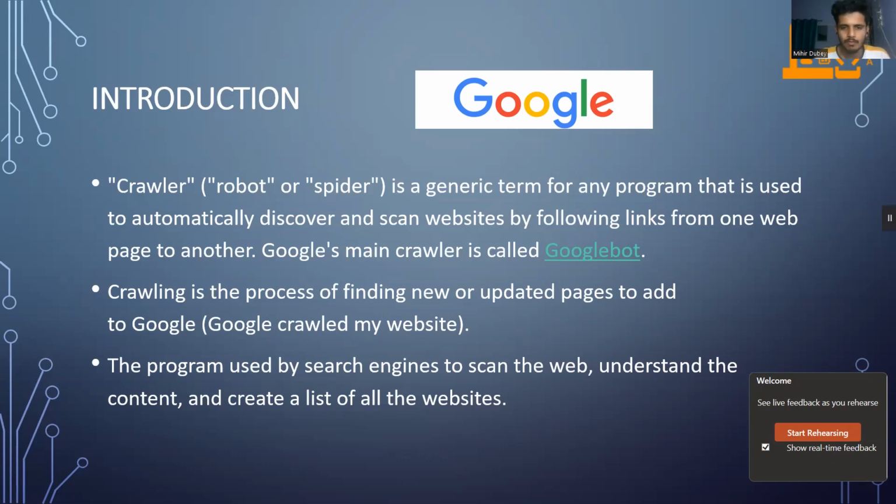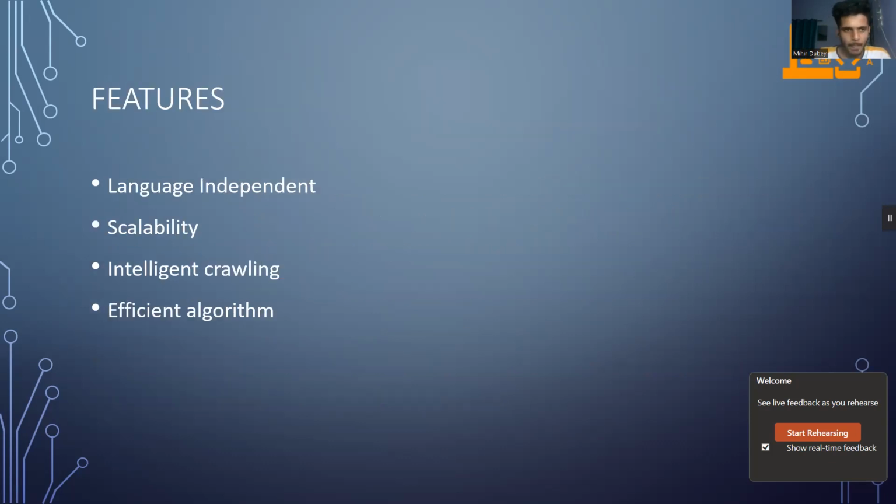Crawling is the process of finding new or updated pages to add to Google, using a program that scans the web, understands the content, and creates a list of all websites. The features are language independence, scalability, intelligent crawling, and efficient algorithms.